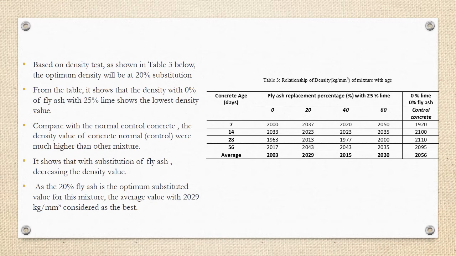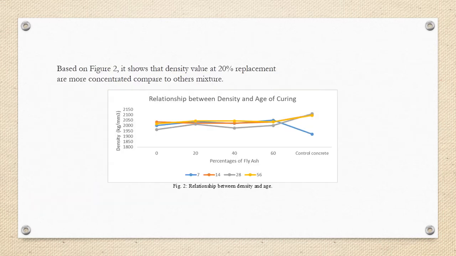It shows that with substitution of fly ash, the density value decreases. As 20% fly ash is the optimum substitute value for this mixture, the average value of 2029 kg per cubic meter is considered the best.